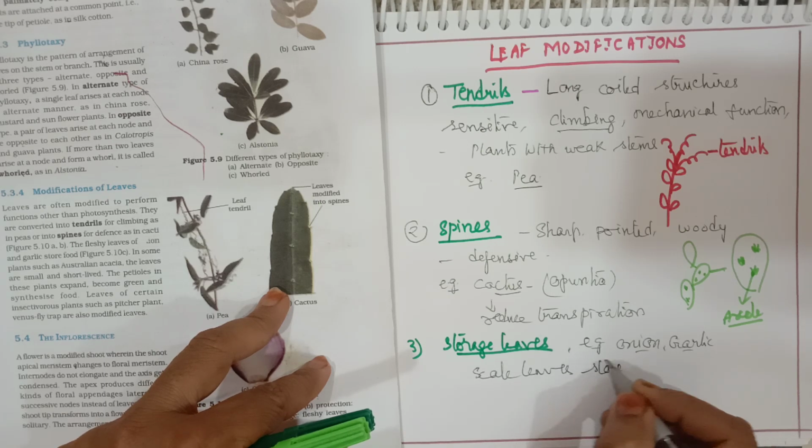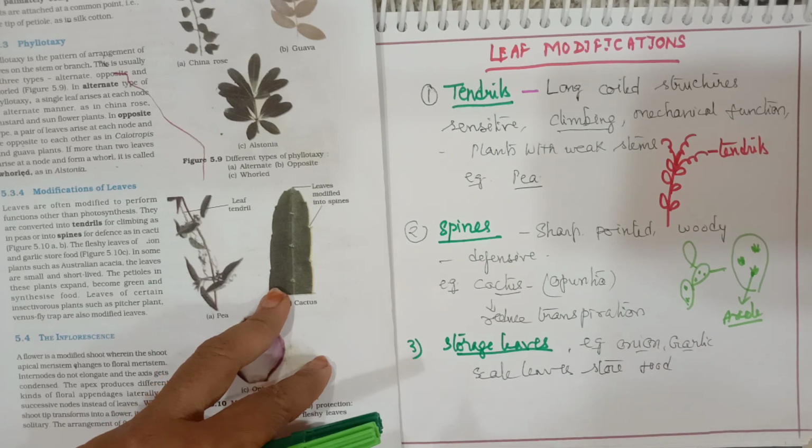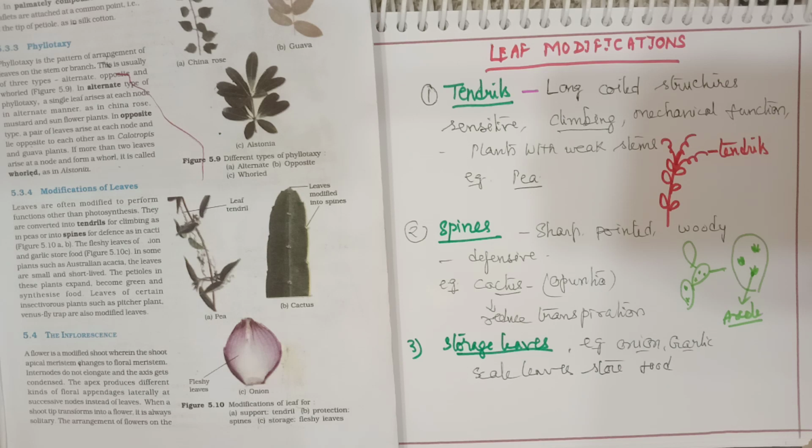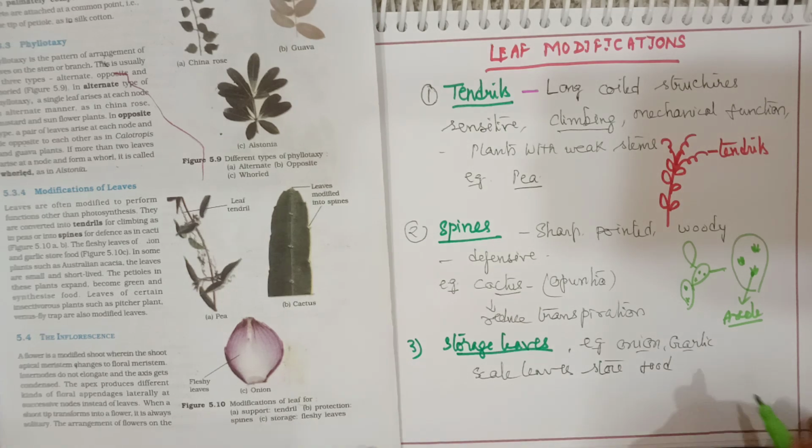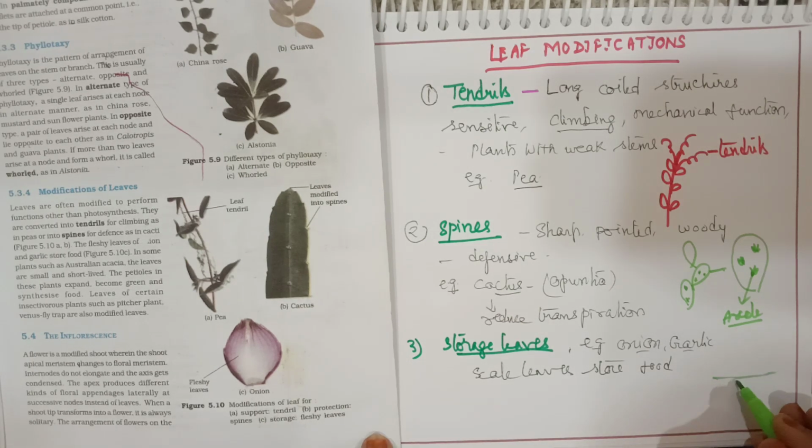We know onion and garlic have a modification: the bulb is also present. Bulb is an underground stem modification. In onion we find the bulb is developed due to storage of food material, and it consists of stored scale leaves.